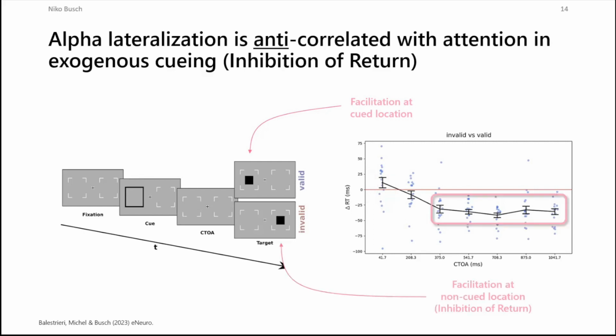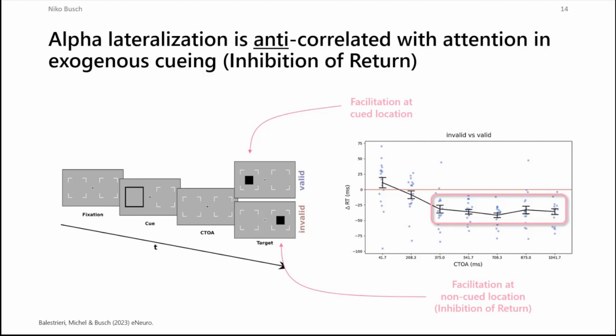But then as this interval grows longer, you see that the response time effect flips. And we find a rather sustained inhibition of return effect, which means that response times are actually faster when the target appears at the non-cued location.